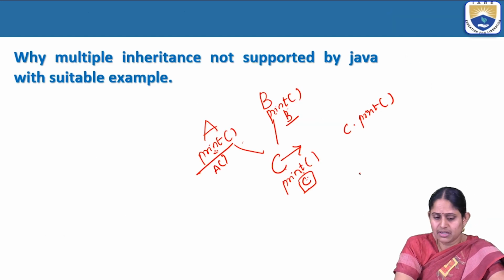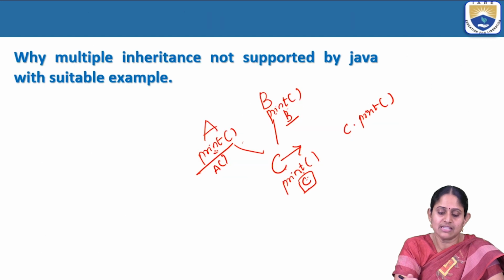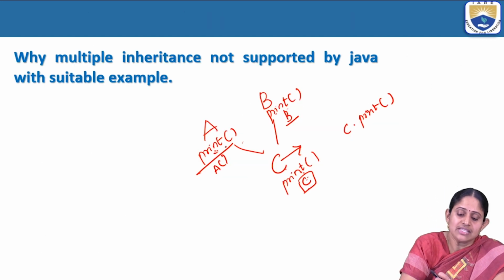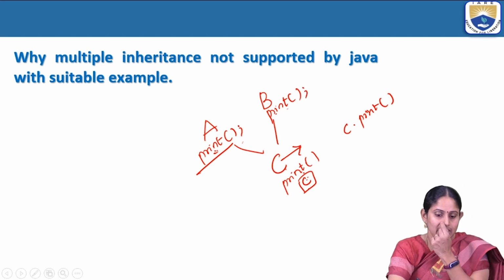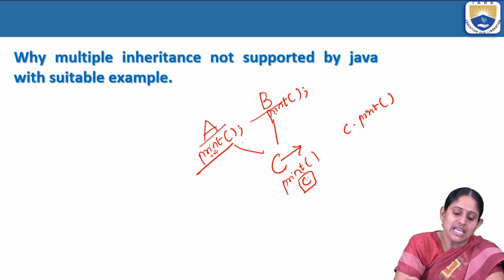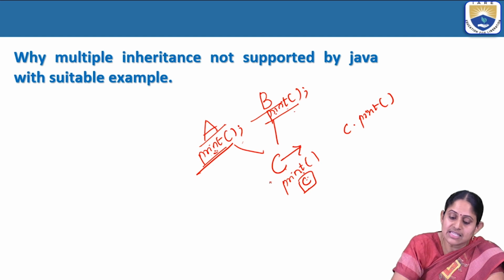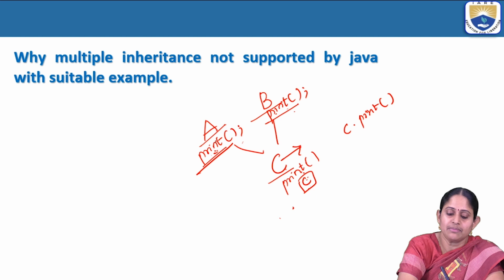To solve this, we make use of interfaces. What happens in the case of interfaces? The methods are all abstract, so there won't be any implementation for these methods. A will be defined as an interface, and B will be defined as an interface. Even though A and B have the same method print, it is the C class that gives the implementation of that method.